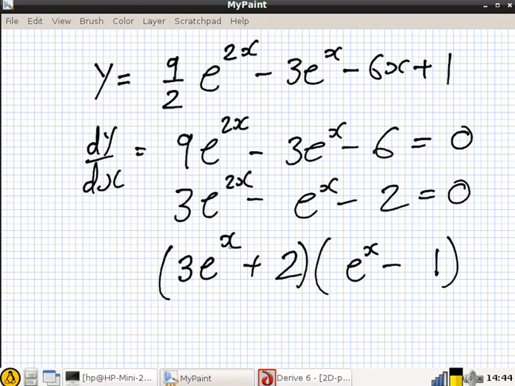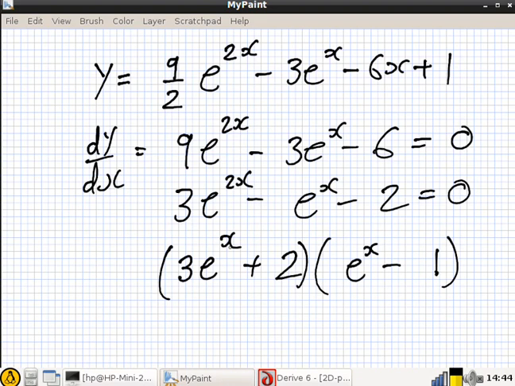Do you remember? You're looking for numbers that multiply to make 3 at the front. So 3 and 1 multiply to make 3, yes? The e^x is considered to be the x. So it's like 3x squared minus x minus 2.